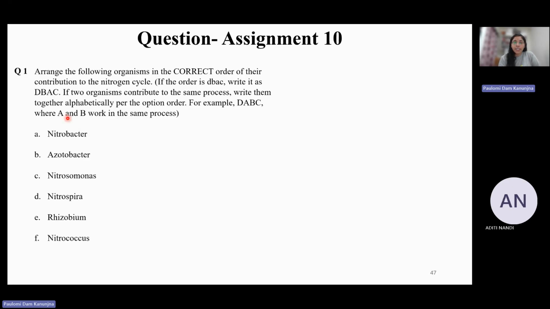Next, this one. Here you have the nitrogen cycle, if you remember, and you're given different bacteria. You need to give the order in which the nitrogen cycle works, so basically which bacteria comes first and then respectively the others.